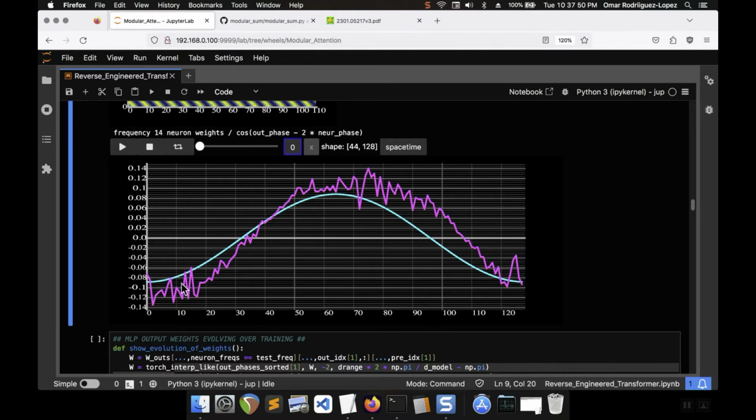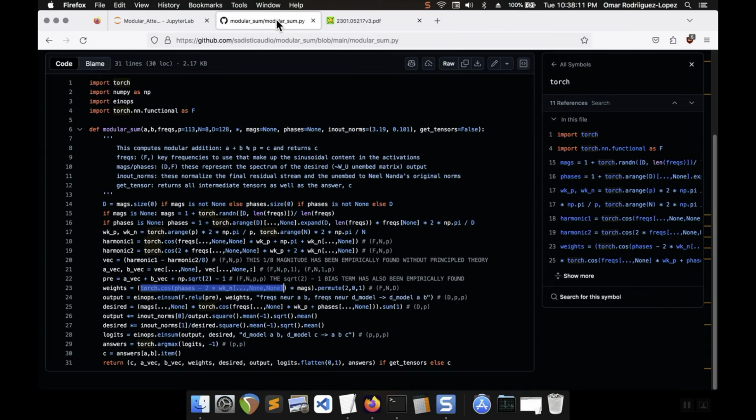And these are the phases pertaining to the frequency 14 components that went into the output dimensions. So they're ordered by phase on both axes. If I scroll through the neuron phases, you can see that in back of this, by the way, is the cosine function from this function.